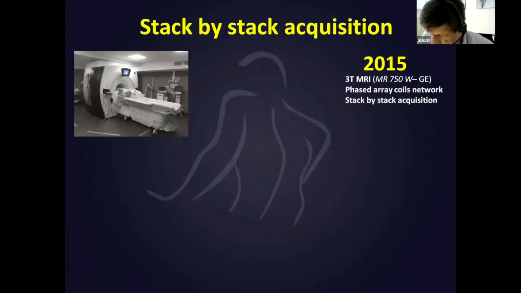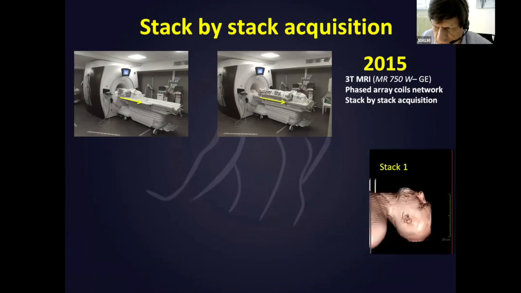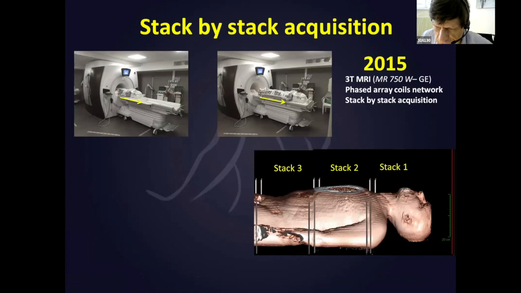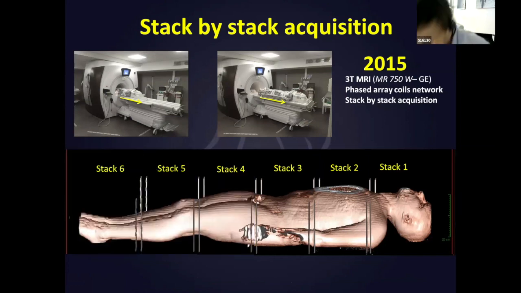Classically, the examination is divided into stacks, which are fused to obtain images of the total body coverage, like this volume rendering image, and it shows that the entire body has been covered without any gap between slices.